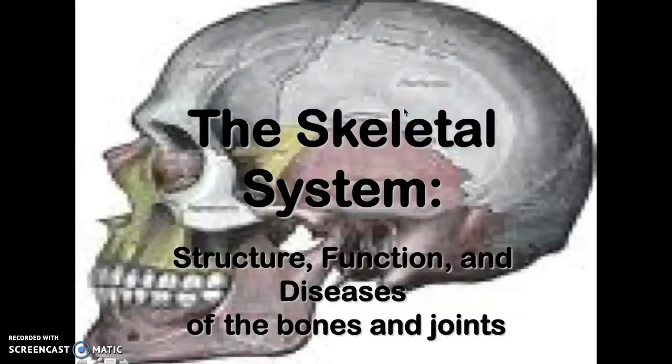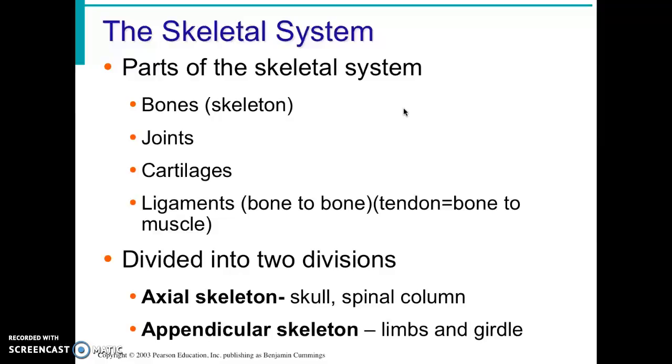The skeletal system: structure, function, and diseases of the bones and joints. Parts of the skeletal system: bones, which includes the skeleton, joints, cartilages, ligaments, bone to bone, and tendon, which is bone to muscle.